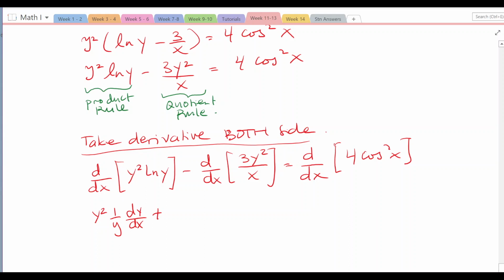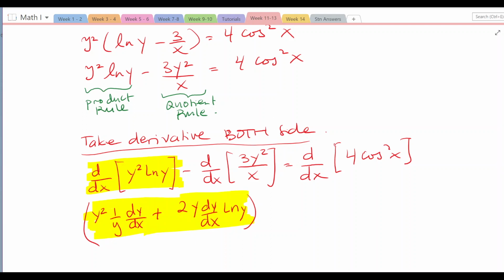So the derivative of the first term is 2y dy/dx times ln y. So that is the implicit differentiation of the terms highlighted in yellow.